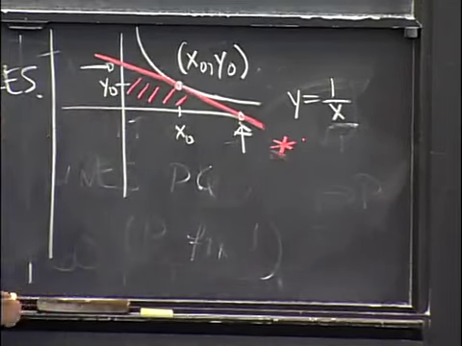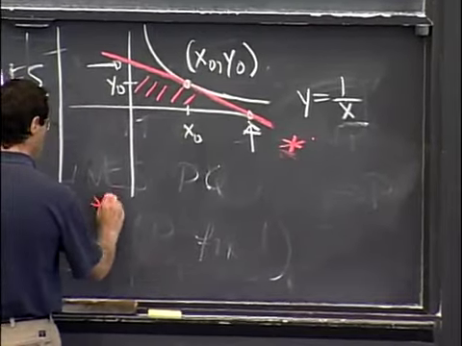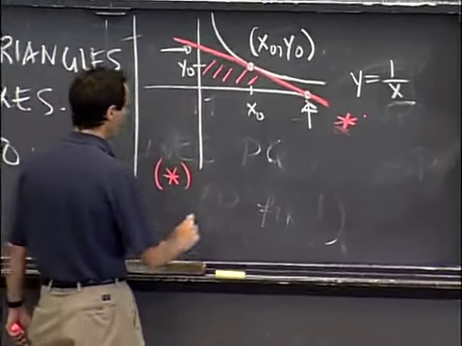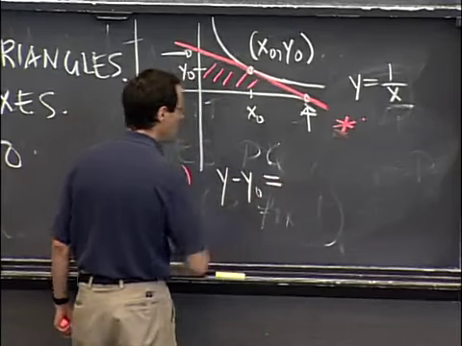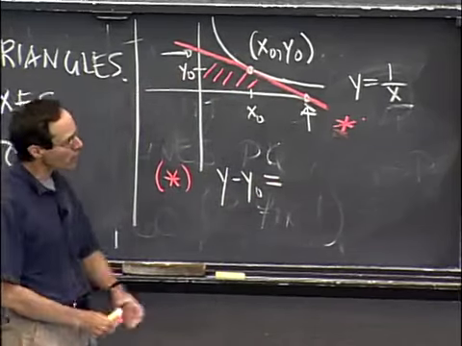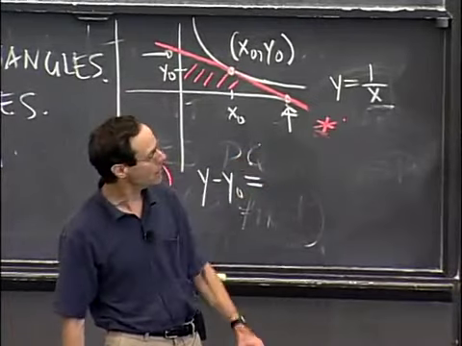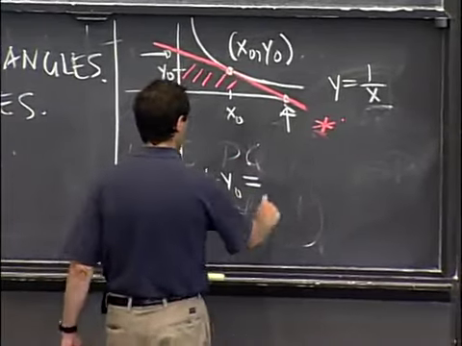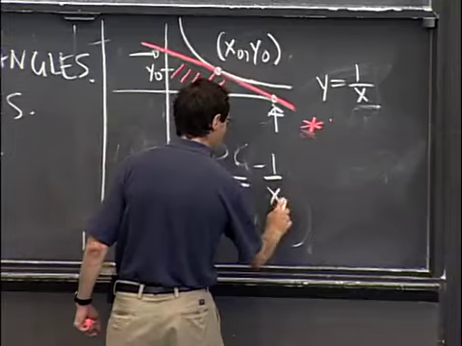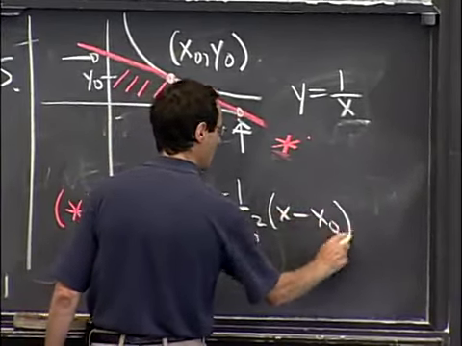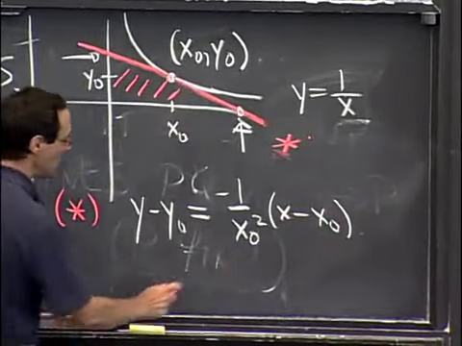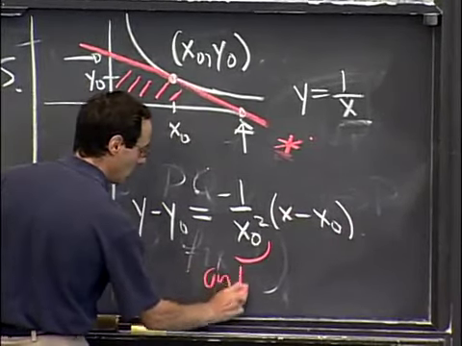So what's the formula for the tangent line? Put that over here. It's going to be y minus y0 is equal to, and here's the magic number. We already calculated it. It's in the box over there. It's minus 1 over x0 squared, times x minus x0. So this is the only bit of calculus in this problem.